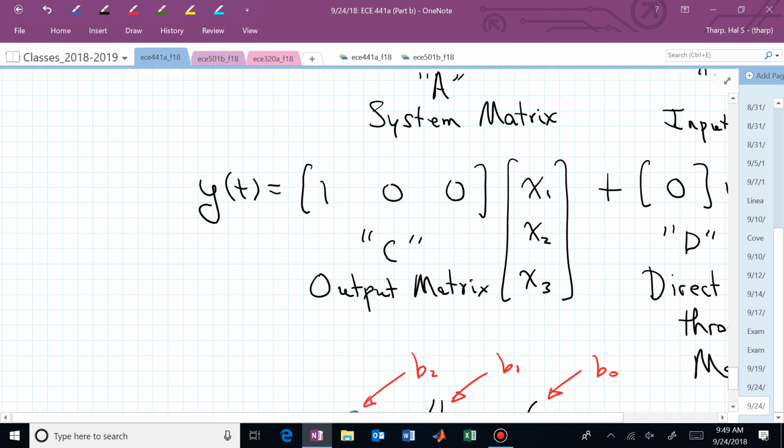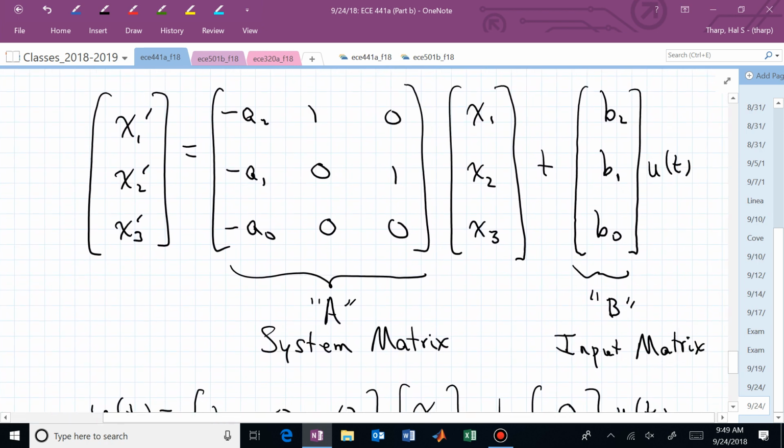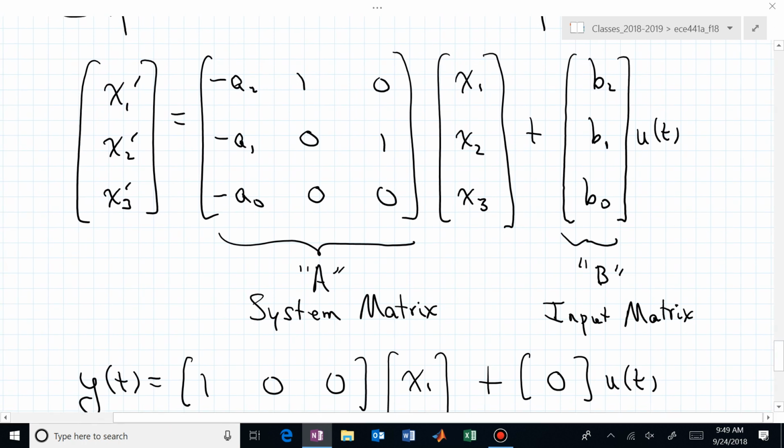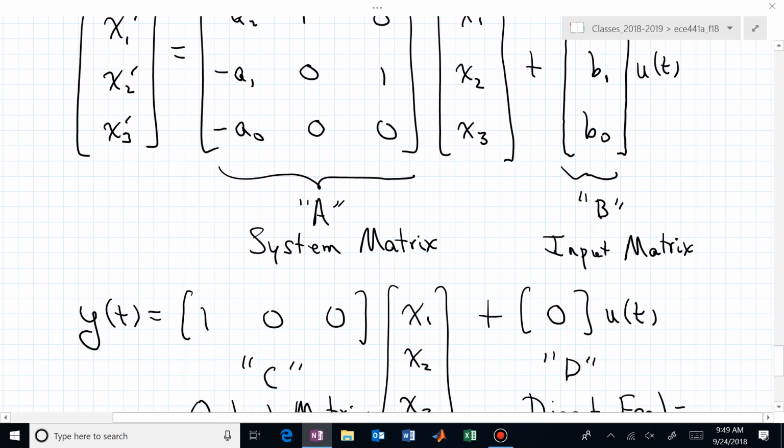Do you see how we would populate these now in a state space representation? We just negate the A's and put those in the first column with 1s on the super diagonal. The B's go from B2 down to B0 in the input matrix, and the output matrix is 1, 0, 0.